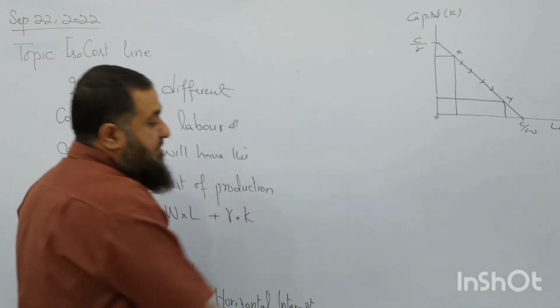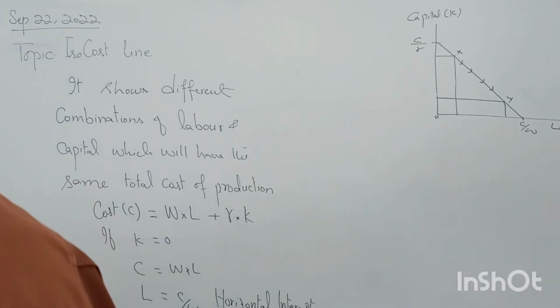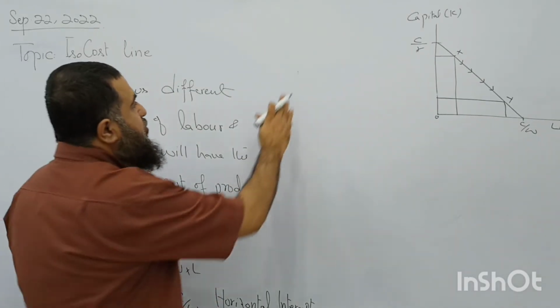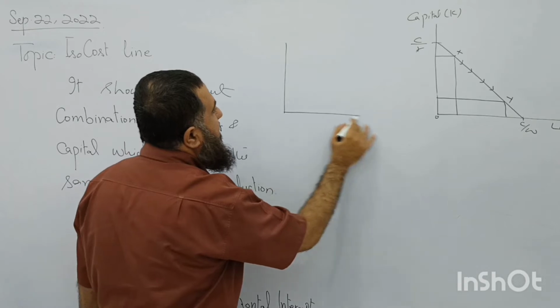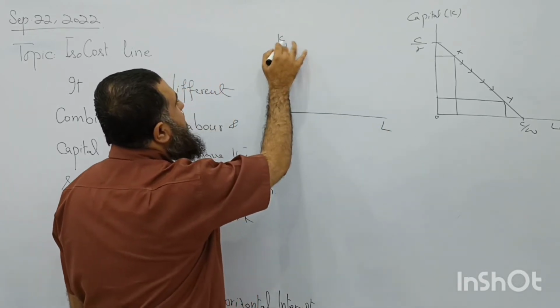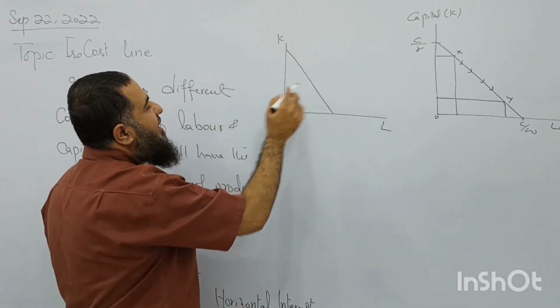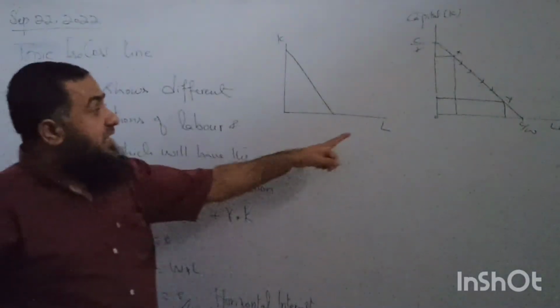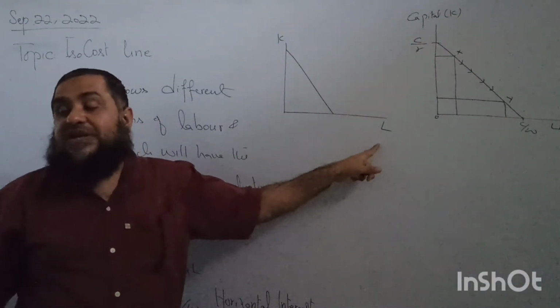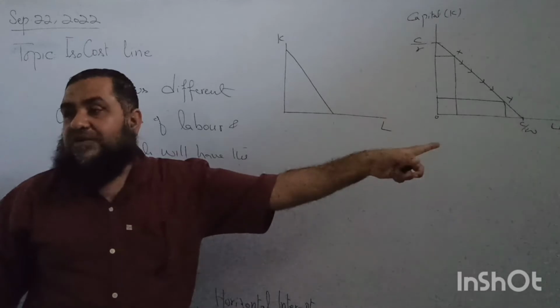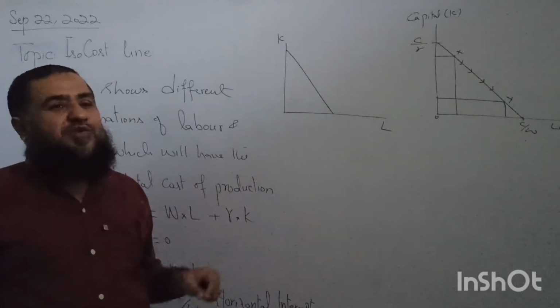Now see, like the budget line we had studied in our consumer behavior. Do you remember the budget line? Remember or not? Okay. When I said there is decrease in price of X, what happens to the budget line? It will rotate outward. So same is the case over here.